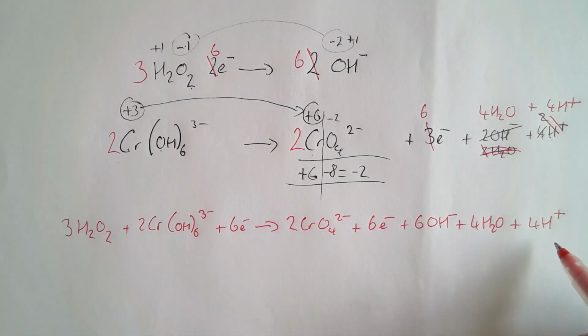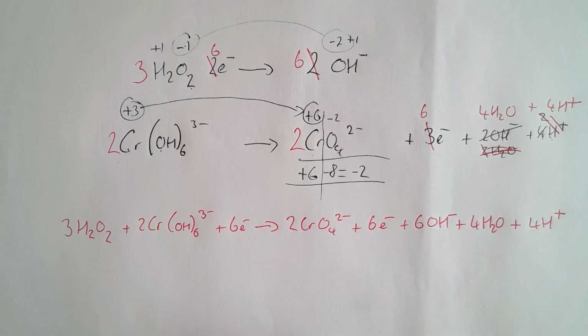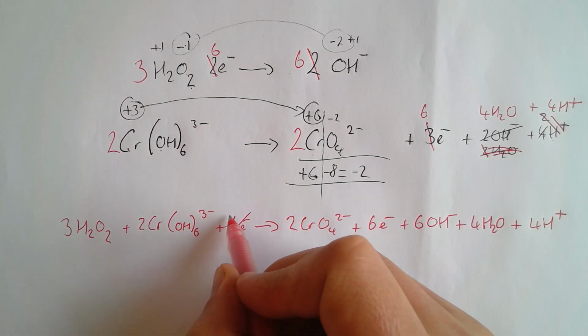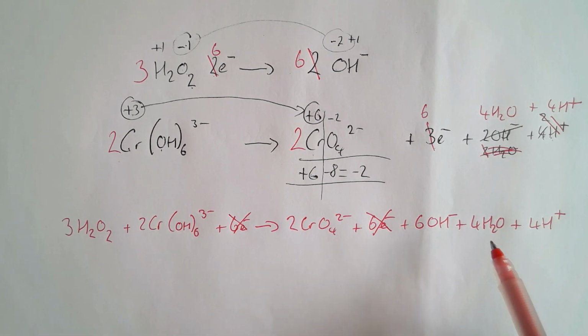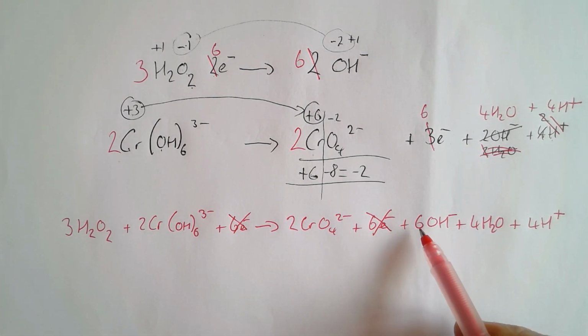This is not acceptable to Mr. Examiner because we haven't cancelled out on both sides of the page. So I'm just going to cross through my electrons. That's taken care of. What I'm then going to do now, I've got 4 moles of H plus here and 6 moles of OH minus.